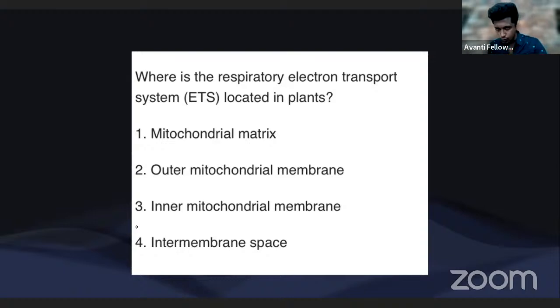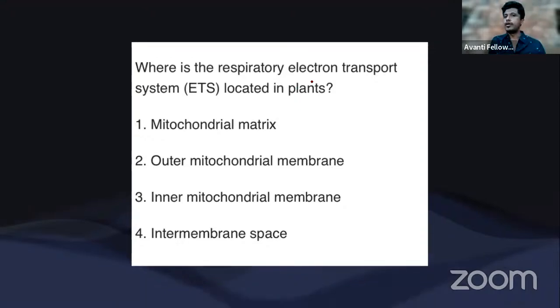All right, students. So let's look at the right option now. See if you got it right. When we talk about the electron transport system, whether it is in plants or in animals, electron transport chain happens in the inner mitochondrial membrane.